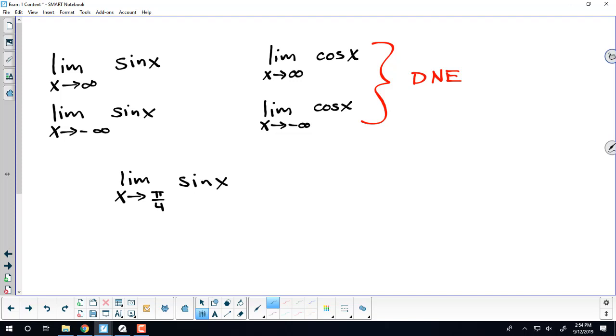Yeah, square root of 2 over 2. So then we get actual values out. But it's only when we look at the limit at infinity on sine and cosine that we get something that doesn't exist, because they never flatten out. Or for that matter, they never grow up to infinity or down.